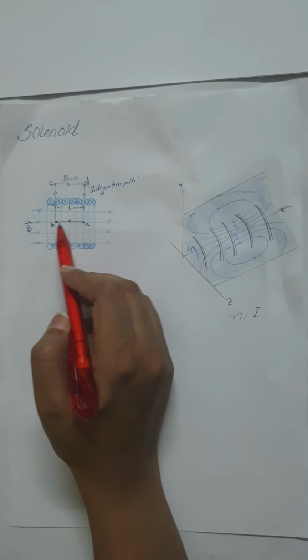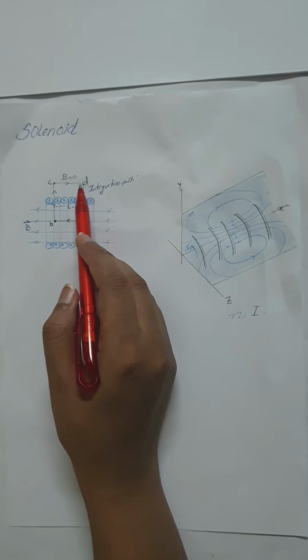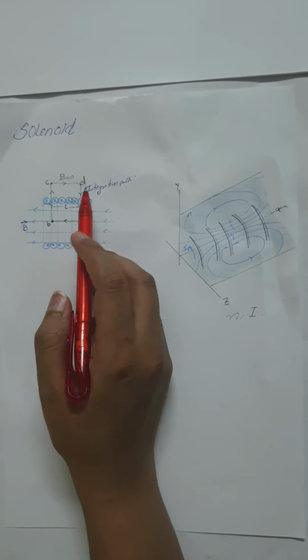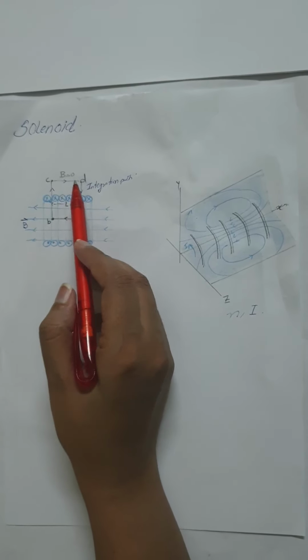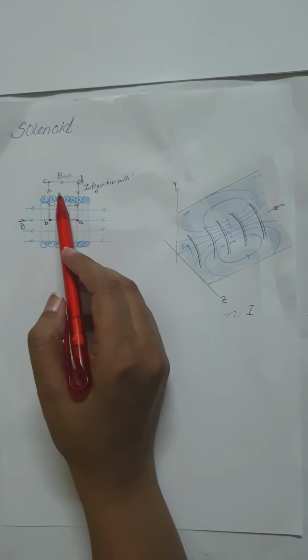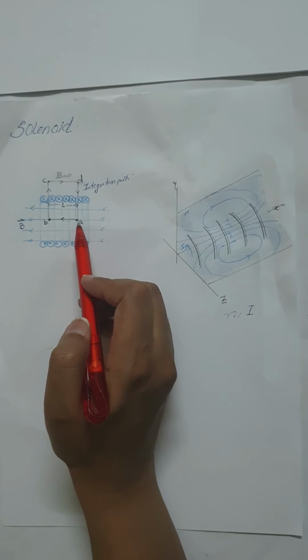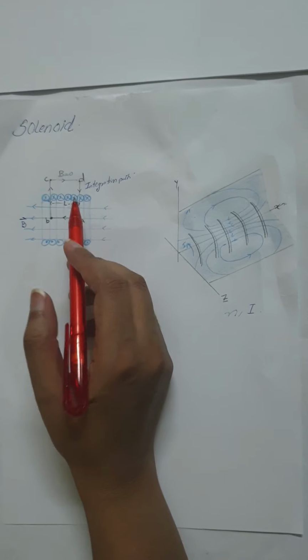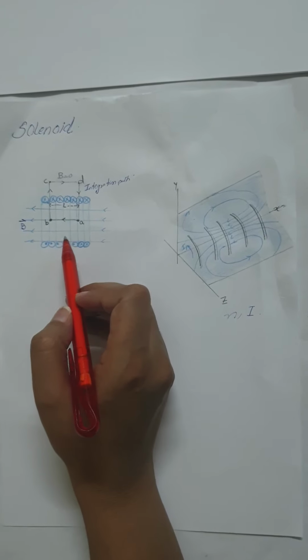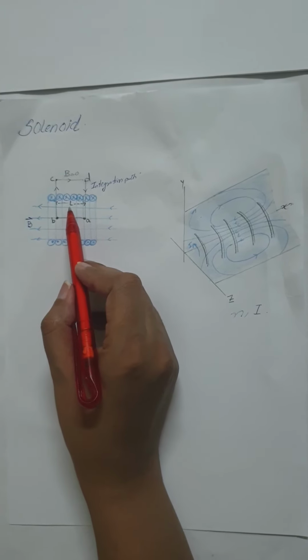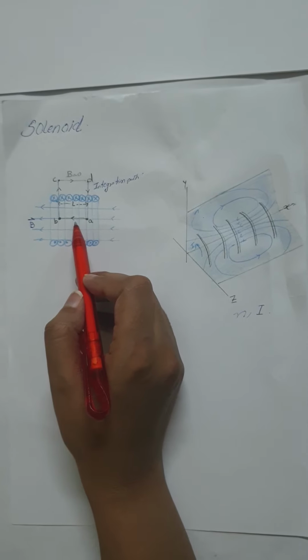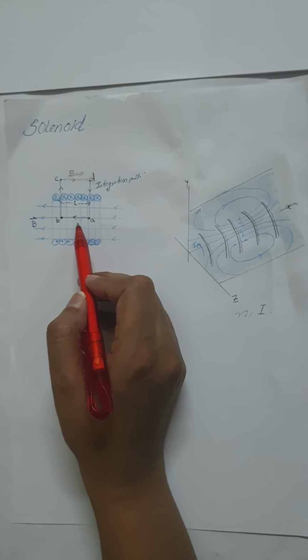So we can choose a rectangular path as our path of integration, and this rectangle has points A, B, C, D. Side AB has length L, and it is parallel to the axis of the solenoid.